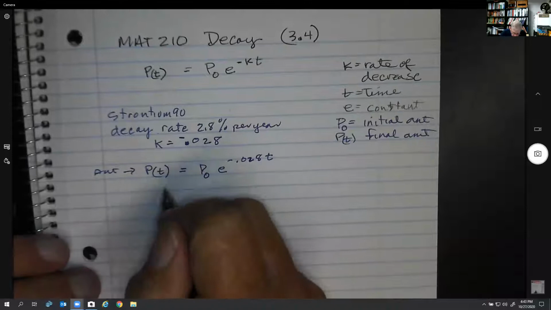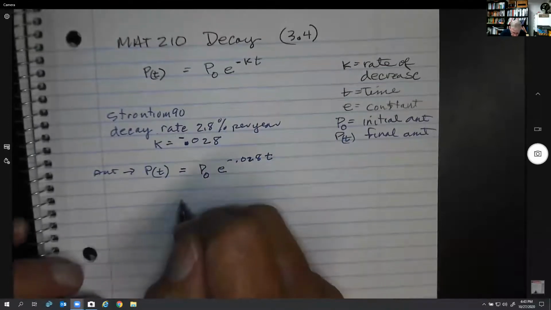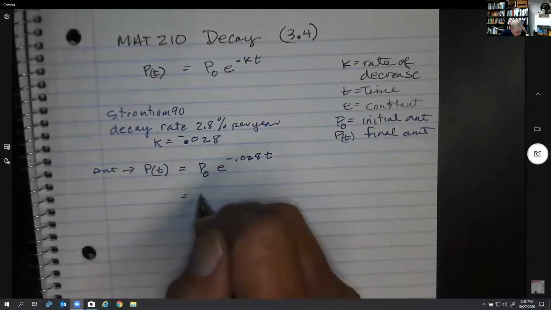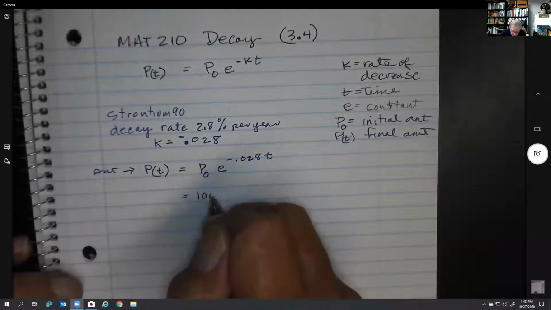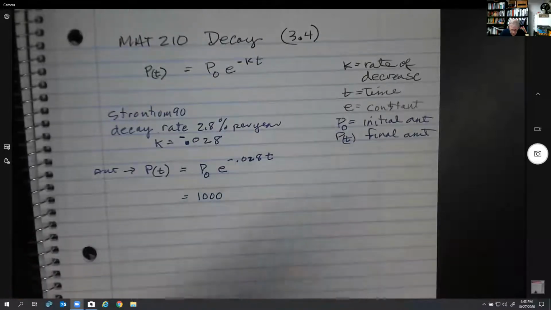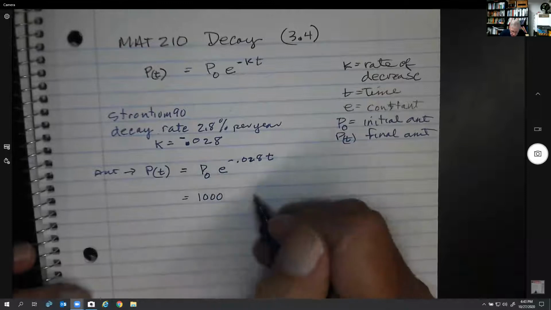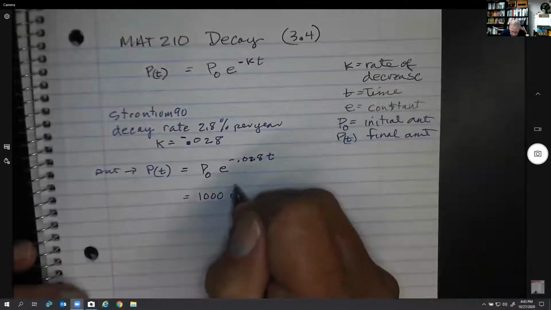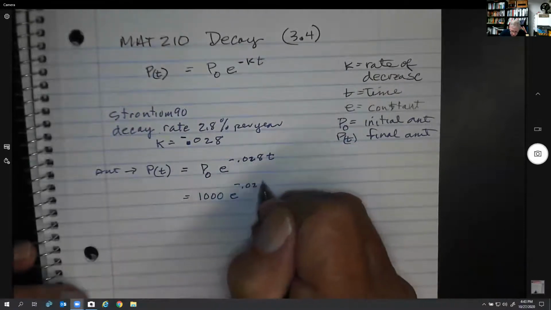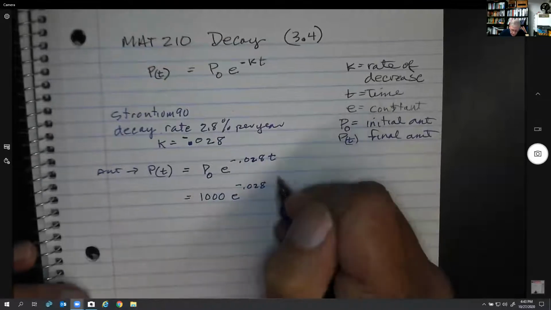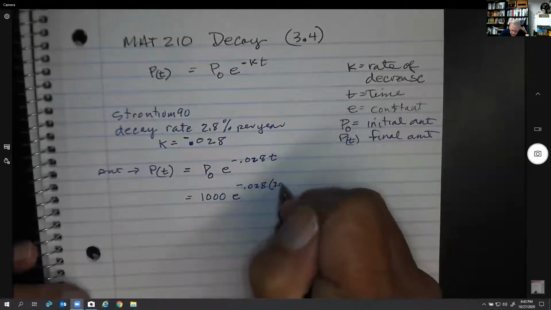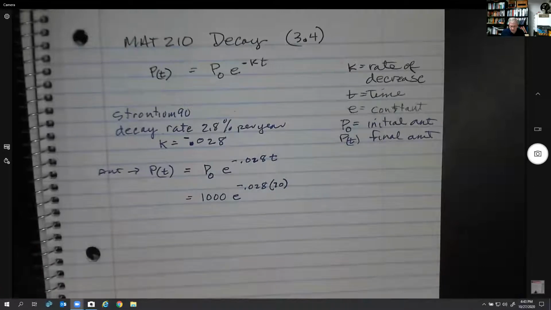Okay, so we're trying to figure out how much is going to be left after 70 years. We're going to start out with 1,000 grams. We could put the grams in, I'm not going to put it in. 1,000 times E to the negative 0.028 times 70, because we want to find out how much is left after 70 years of time.